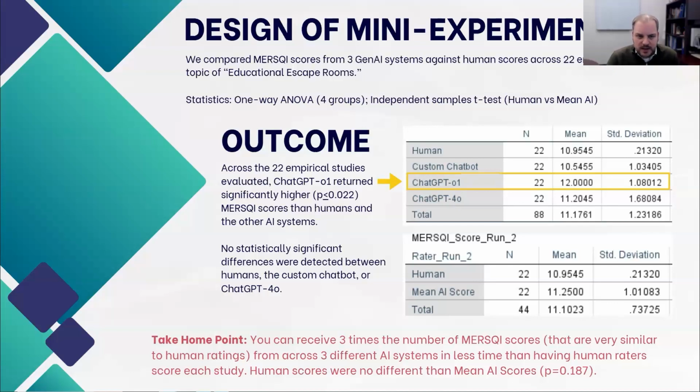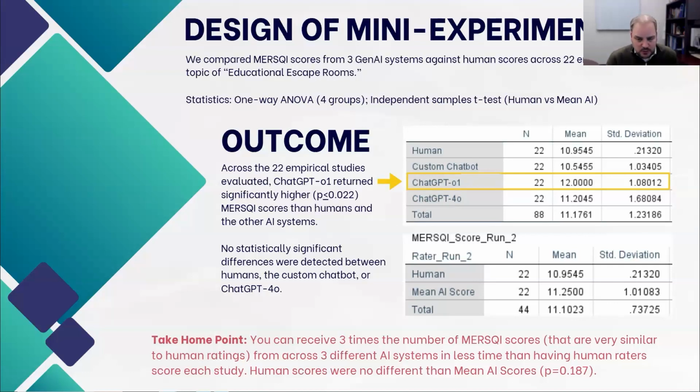But notice, if you look at human ratings or scores versus the custom chatbot versus ChatGPT-4o, in that scenario, no statistically significant difference was detected. So even though ChatGPT-o1's inflation of the MRSCI scores was an unexpected finding, I think there is still utility in this approach.